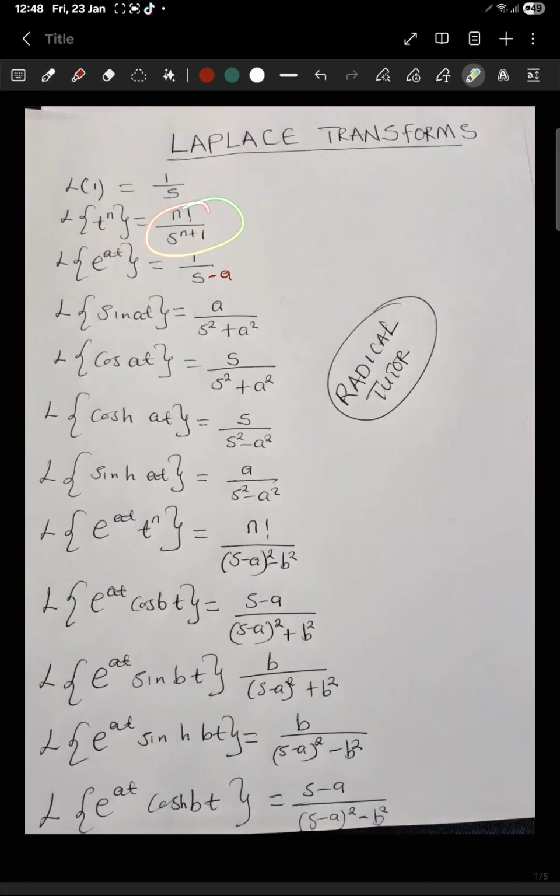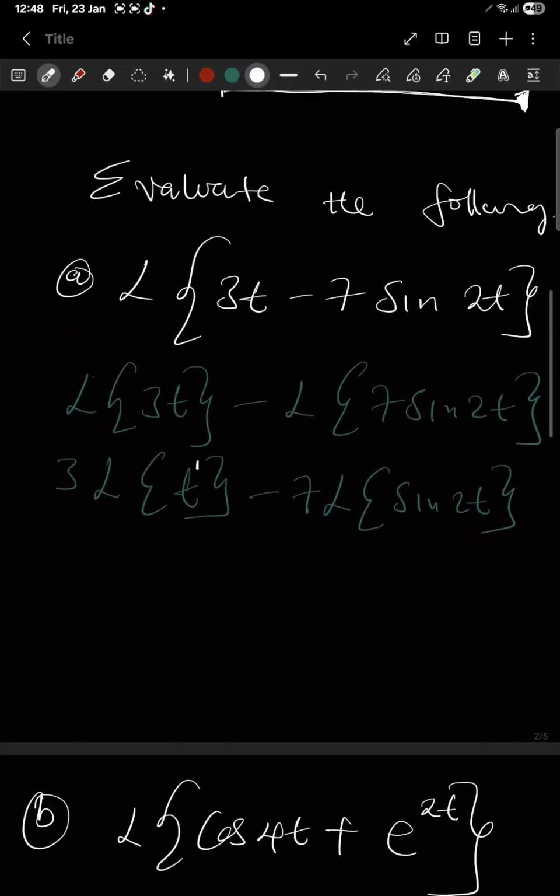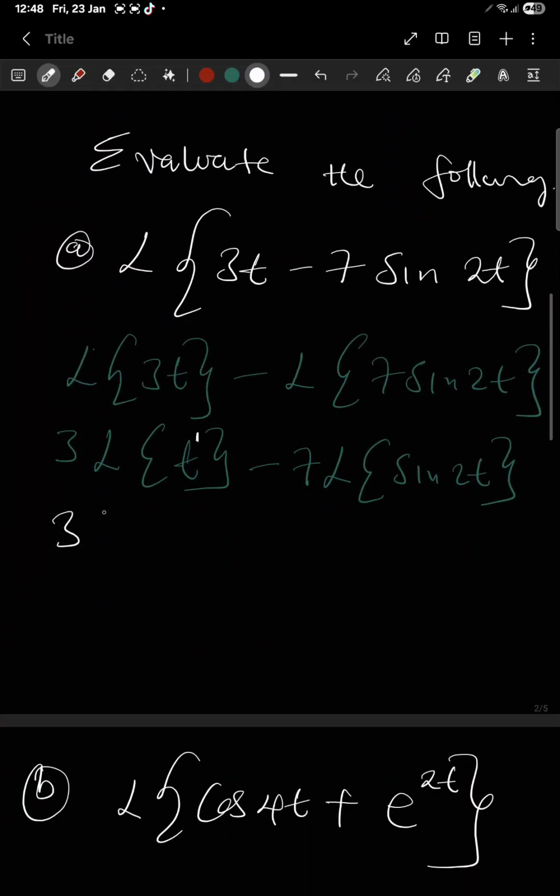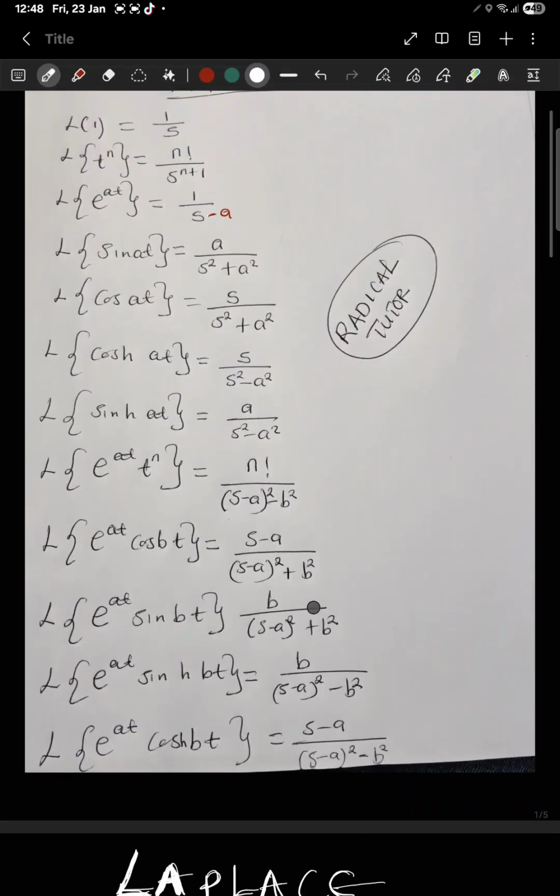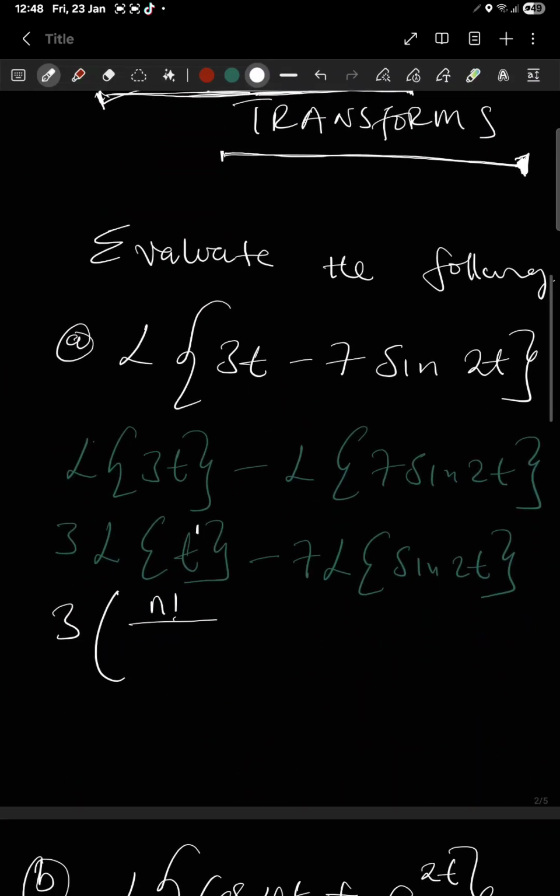We know that it is n factorial over s to the power n plus 1. So you can simply replace the Laplace of t to the power n as n factorial over s to the power n plus 1.